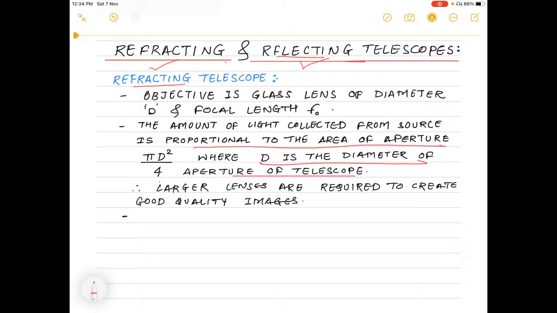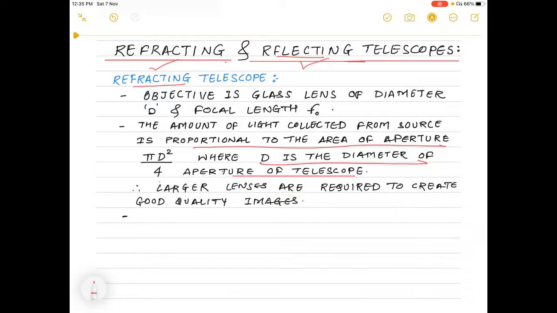So it is very necessary that the objective of this refracting telescope is huge, so that the size of the image formed of the celestial objects is of a proper size, which we can observe through the eyepiece.